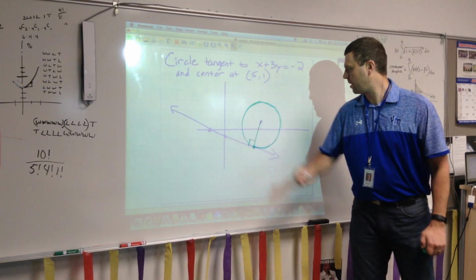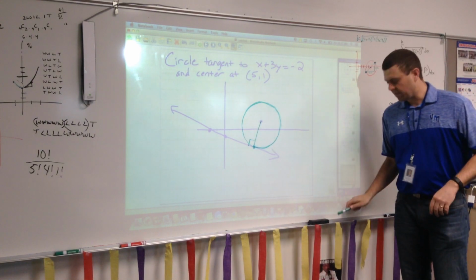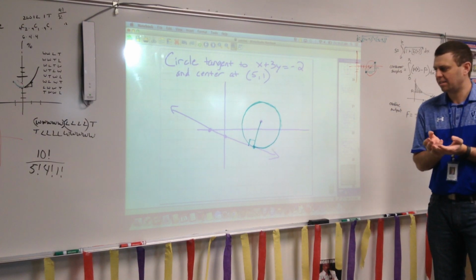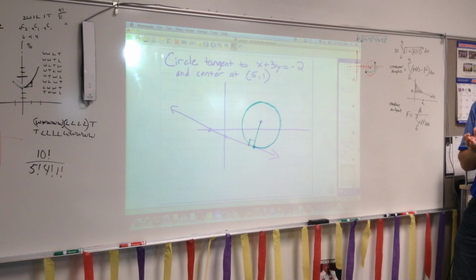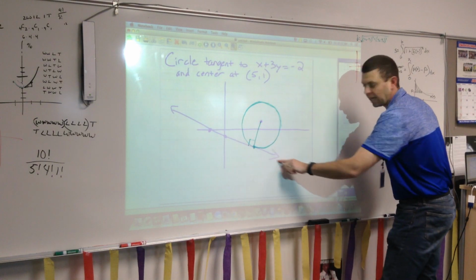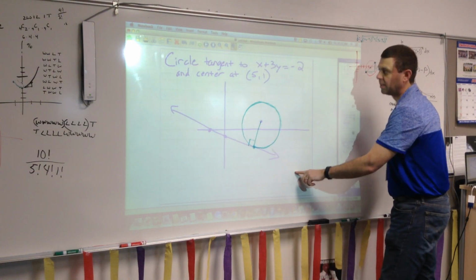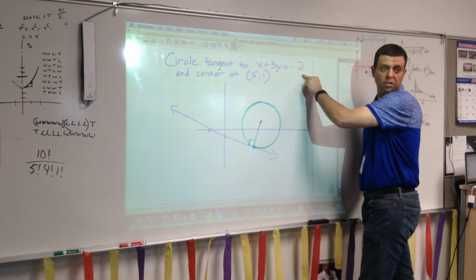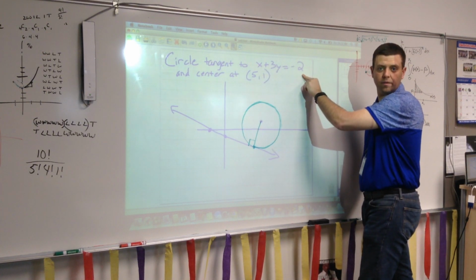Now, the reason that is significant is because I know the slope of this line. A lot of you put this into y equals mx plus b form, and you got a slope of -1/3.